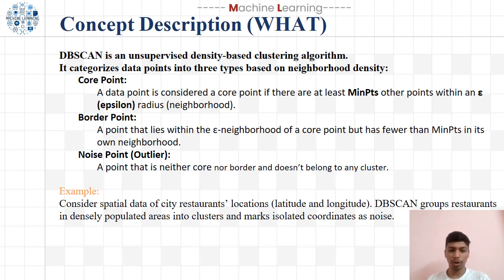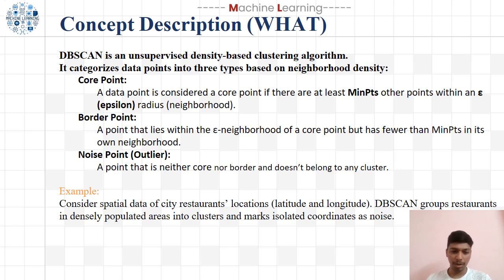Second is the border point: a point that lies within epsilon of a core point, but does not have enough neighbors of its own. The third category is noise point, another name is outlier: a point that is neither core nor border and does not belong to any cluster.